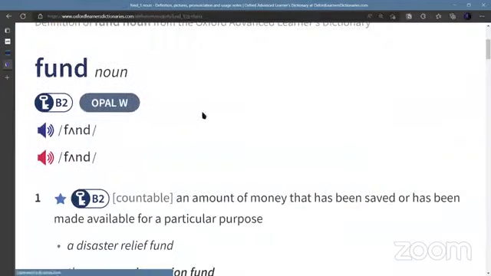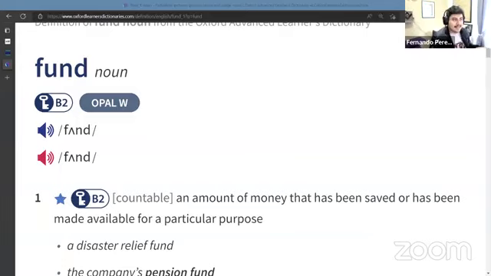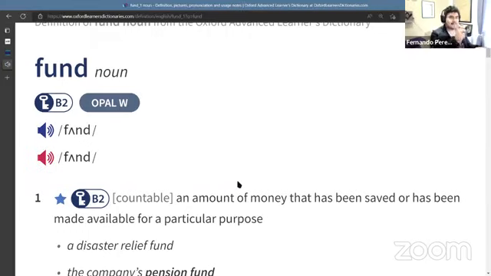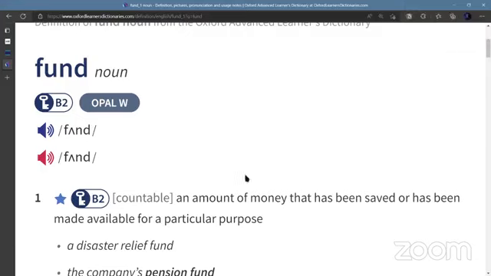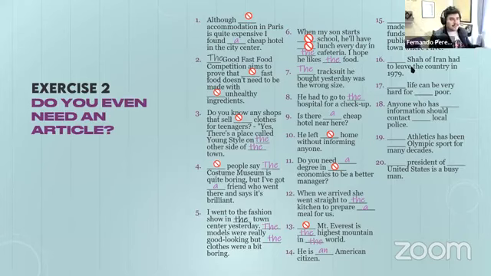Funds. Not found, fund. Exactly. Again? Fund. You're talking about money. Fund. It's not the past of find. Got it? Funds. So you are correct in these three.